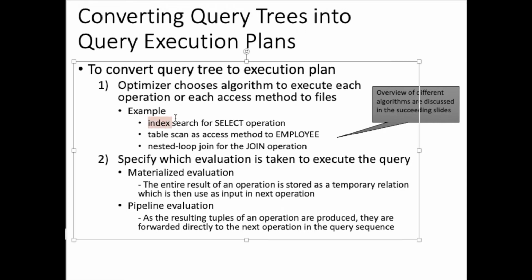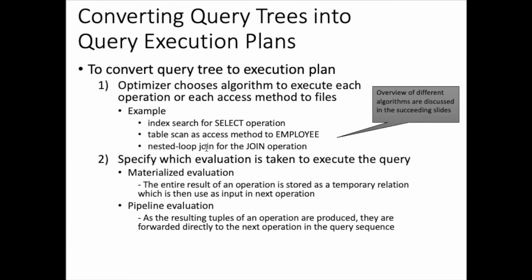So, there are other algorithms for doing the select. But for example, yung laman ng execution plan is use the index search for select, and then use the table scan as access method to employee, and then use the nested loop join for the join operation. So yung execution plan is a mapping of specific algorithms to the operation, and then yung code will just do the execution plan according to the evaluation of the query tree using the algorithms specified.